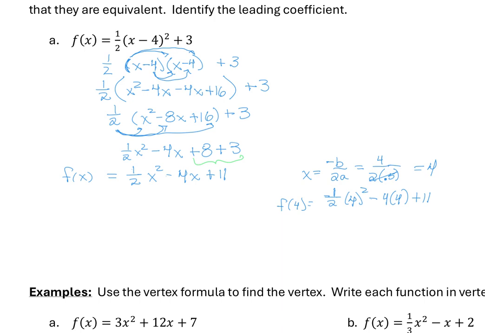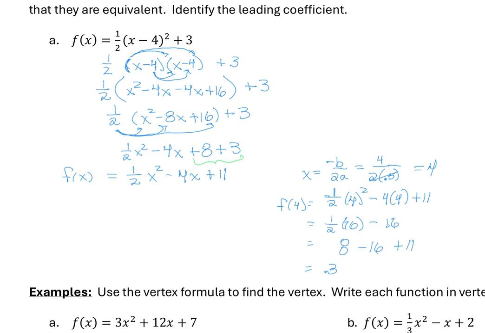If we square the 4, we get 16, and half of 16 is 8. If we multiply 4 times 4, we get minus 16. If we combine this, 8 minus 16 is negative 8, plus 11 is 3.